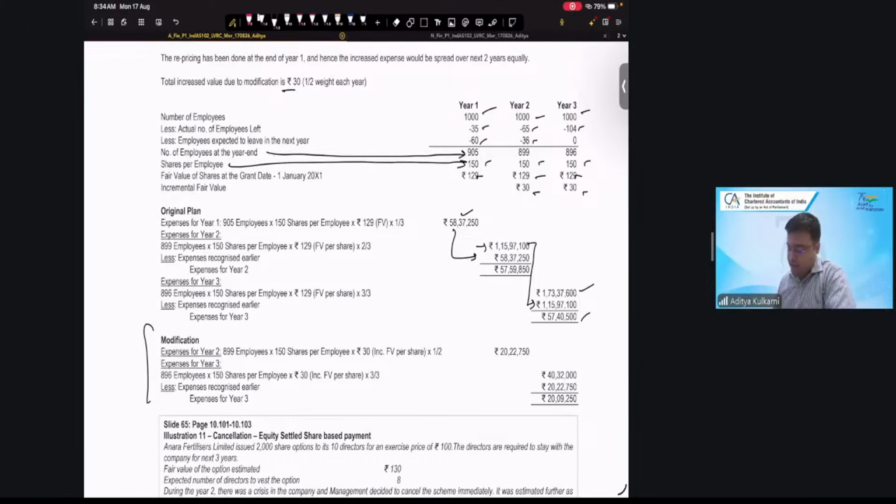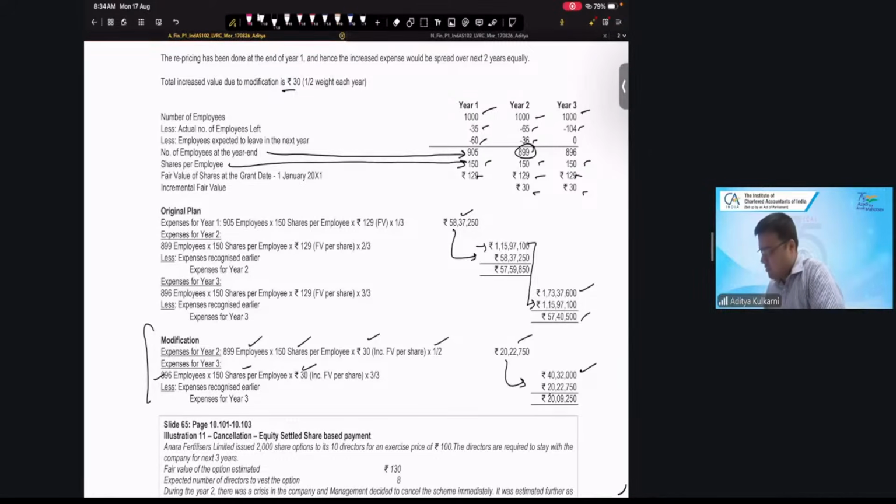So modification expenses for year 2: 899 employees into 150 into 30 incremental fair value into 1 by 2, 2022,750. Year 3, 896 into 150 shares into 30 into 3 by 3, 40 lakh 32.